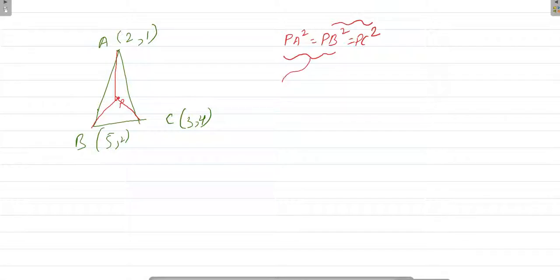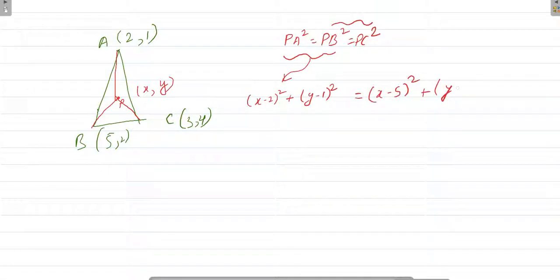First, PA square equals PB square. Why am I using square? Just to remove the root of the distance formula. Let the coordinate of P be (x, y). So PA square will be the difference of abscissa, that is (x minus 2) square plus (y minus 1) square, equals PB square, which will be (x minus 5) square plus (y minus 2) square.